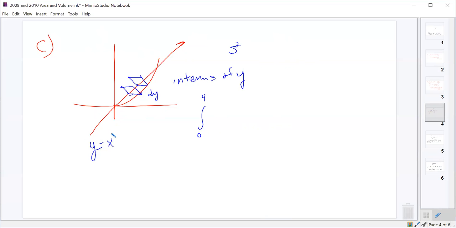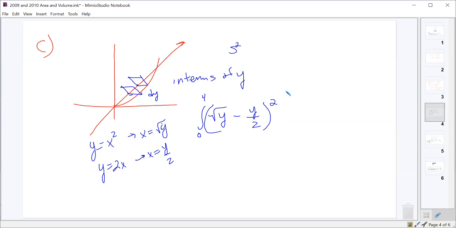Was it y equals x squared? And the other one was y equals 2x, I believe. Yeah. Okay. And so this gives us x equals the square root of y, and this gives us x equals y over 2. And so the parabola ends up being the square root of y, and the line ends up being y over 2.